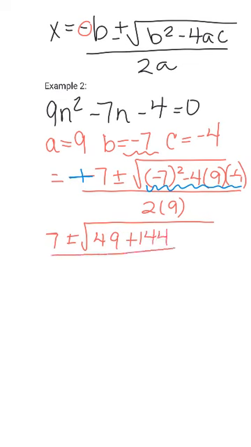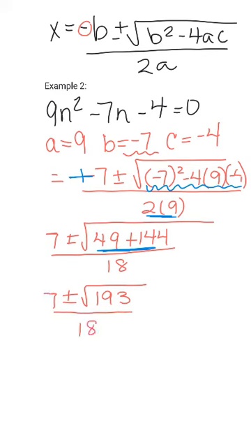And then the denominator, 2 times 9, would be 18. Okay, so underneath the square root, we still have 7 plus or minus. Underneath here, 49 plus 144 is 193. And that would all be over 18. Okay?